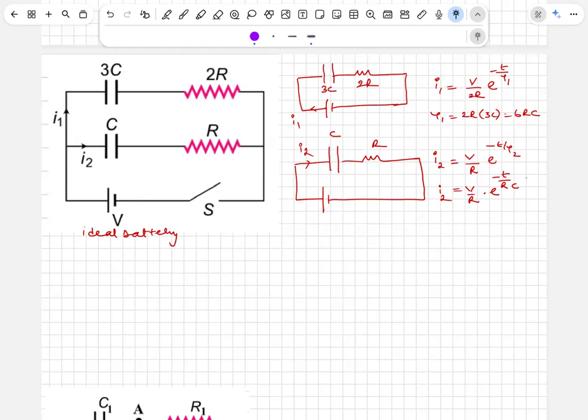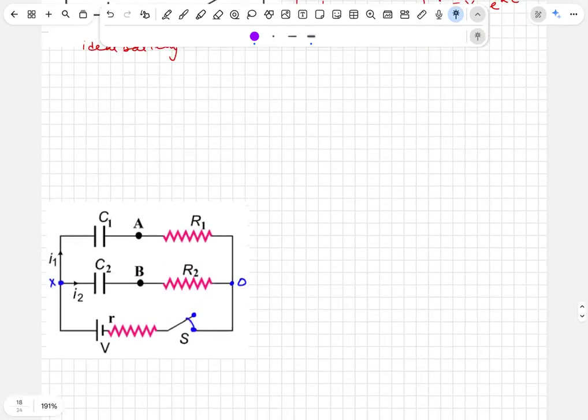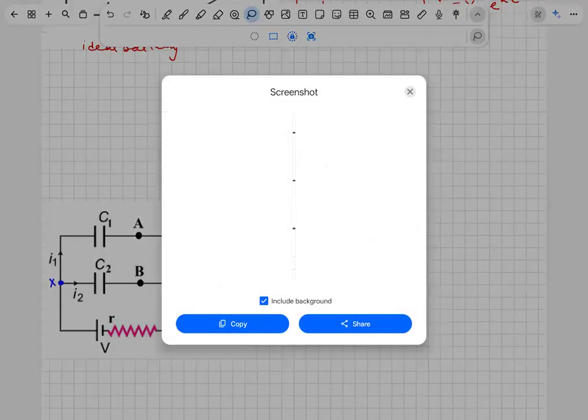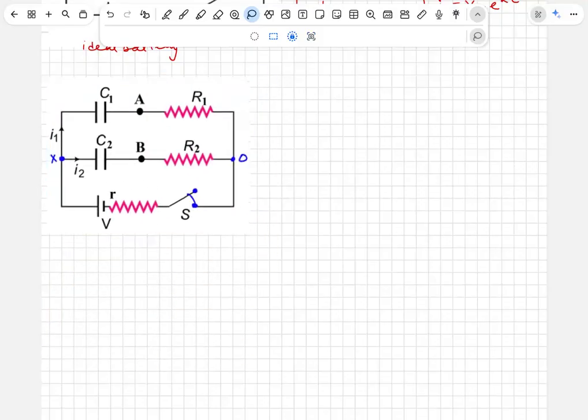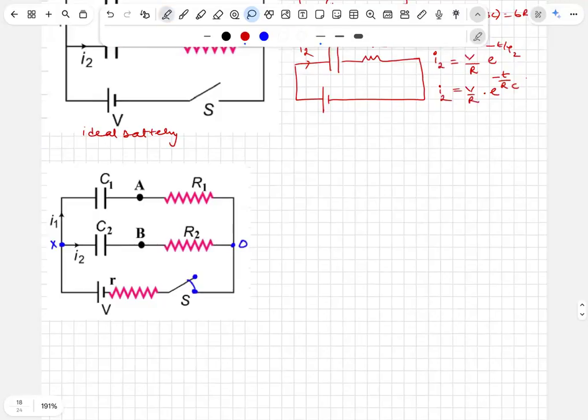The next part. This is completely a different model.